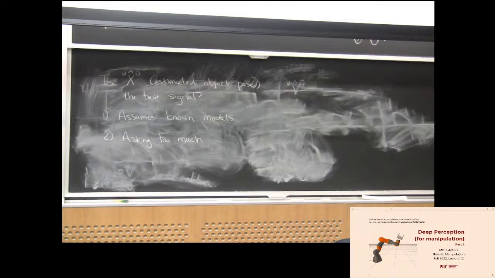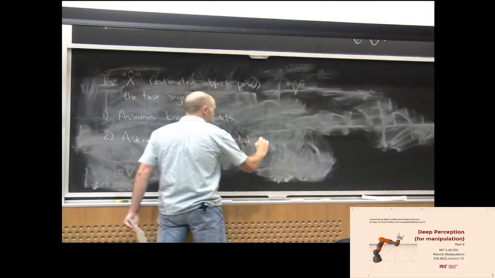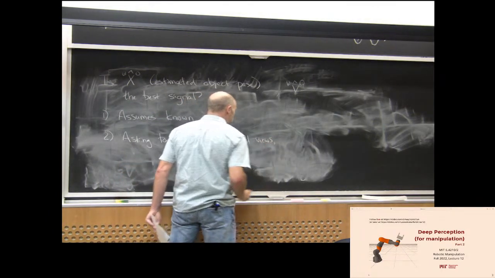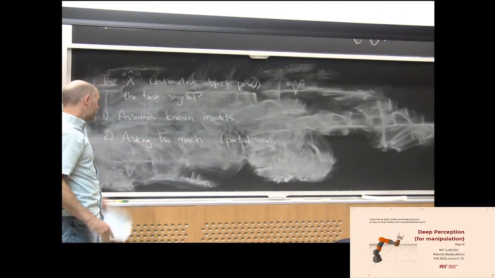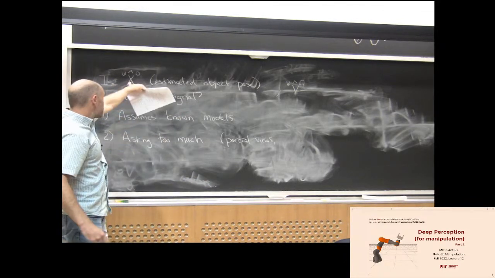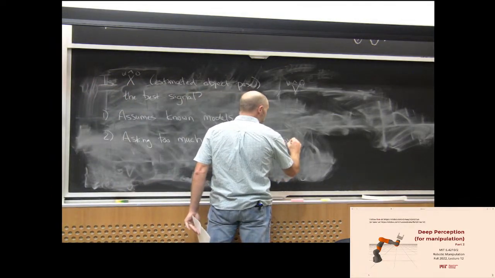Okay, so for instance, if I have partial views of an object, maybe it's actually very hard to estimate the perfect pose, right? Especially if there are symmetries.